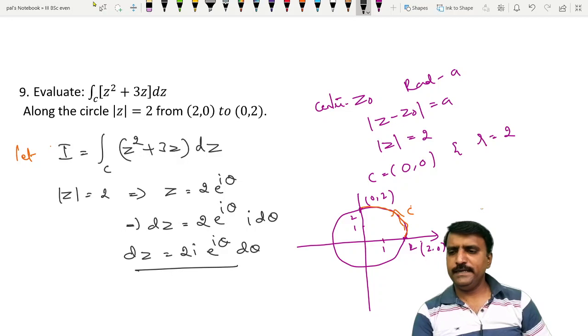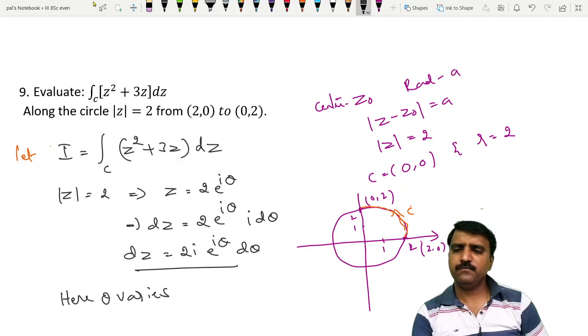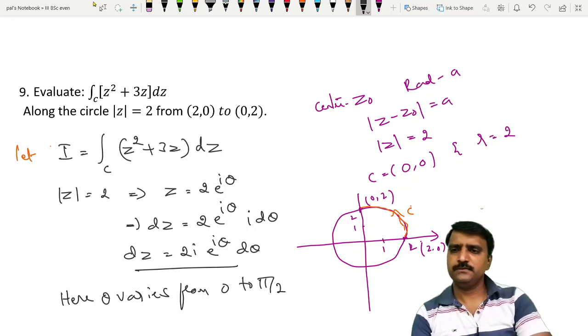Since the curve varies from (2, 0) to (0, 2), it varies only in the first quadrant, so theta varies from 0 to pi by 2.